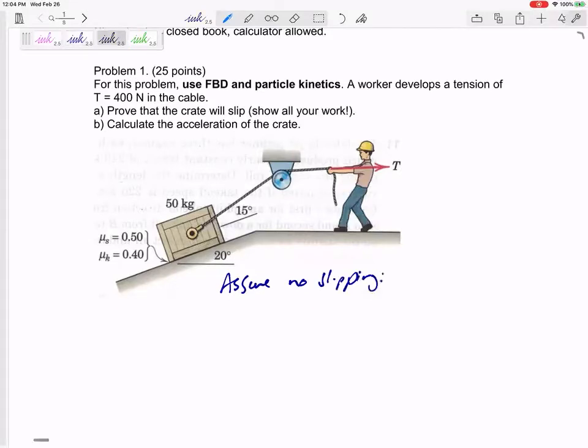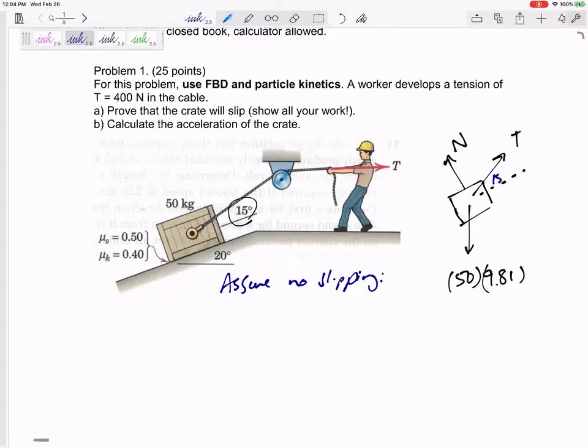Assume no slipping. Let's draw this free body diagram of the crate, the weight acting straight down, the normal force acting right there, and then we've got this tension that is 15 degrees from the incline. And then we've got the force of friction.